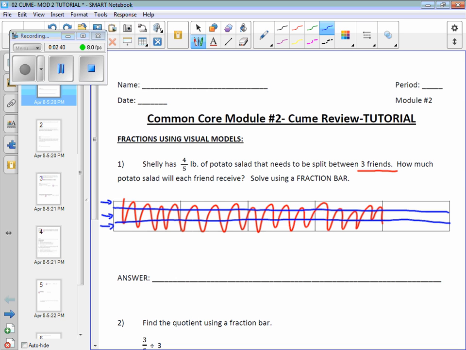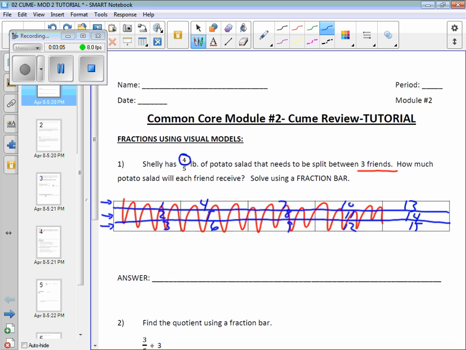Now, as you may recall, we're going to look at the numerator. The numerator is going to tell me how many out of all of these pieces now, because what I've done is I've created 1, 2, 3, 4, 5, 6, 7, 8, 9, 10, 11, 12, 13, 14, 15 segments.